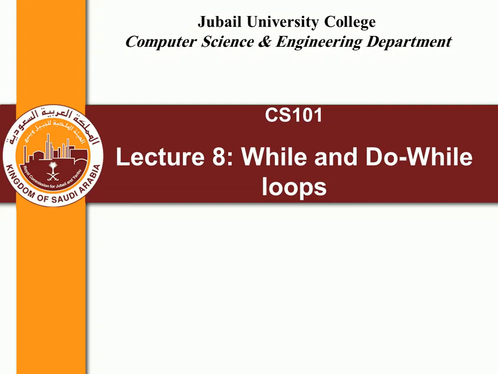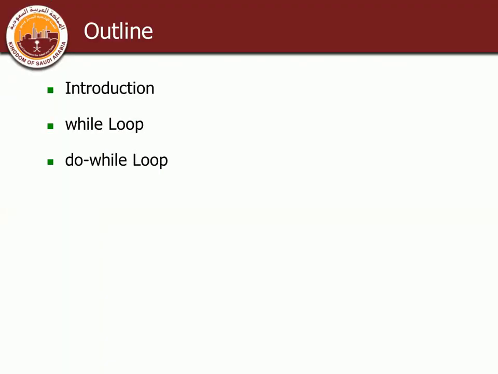There should be a way to repeat 10 times or 100 times specific lines of code. This is the objective of this lecture. While is one control that allows us to do that, and we're going to learn how it works, inshallah.